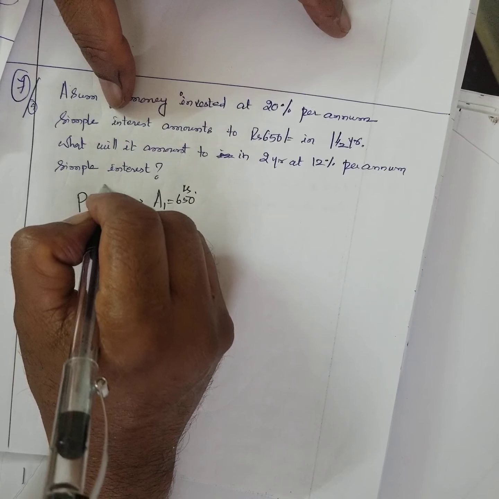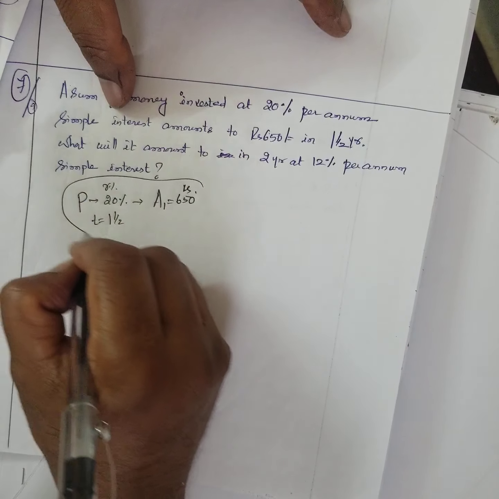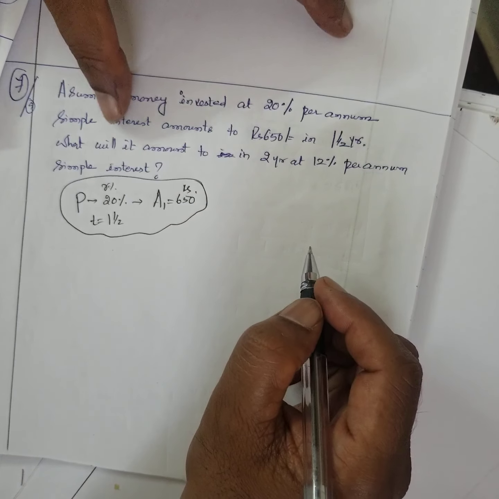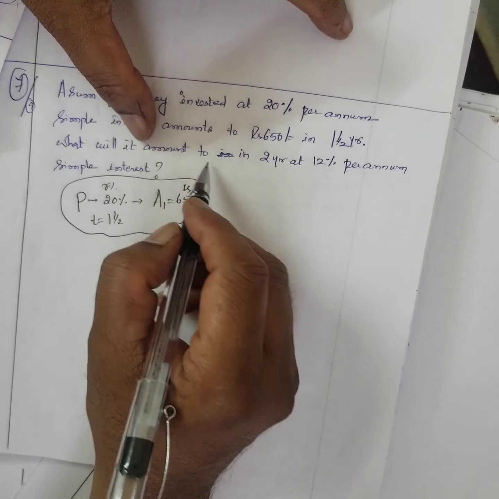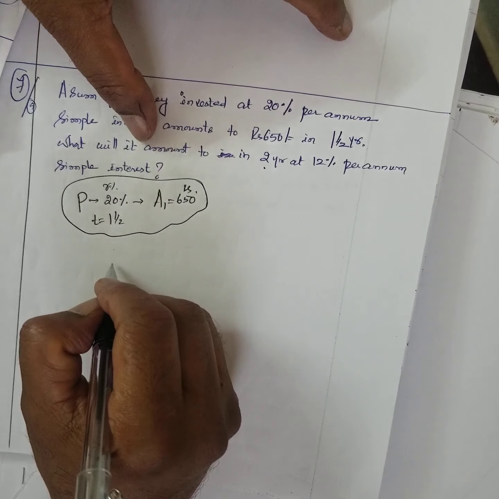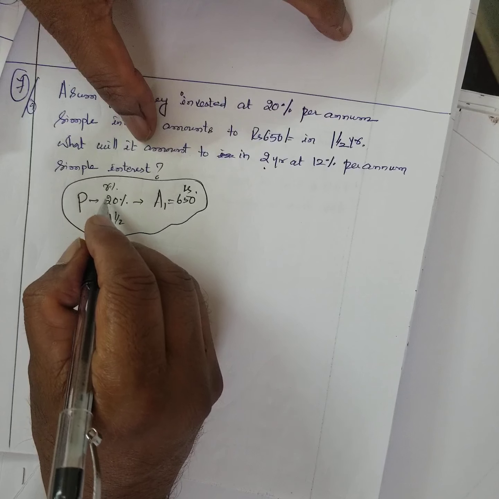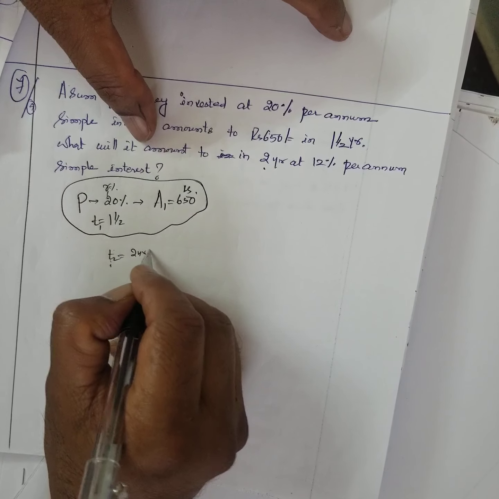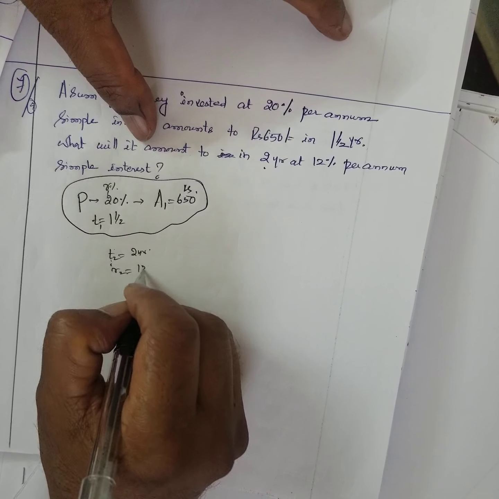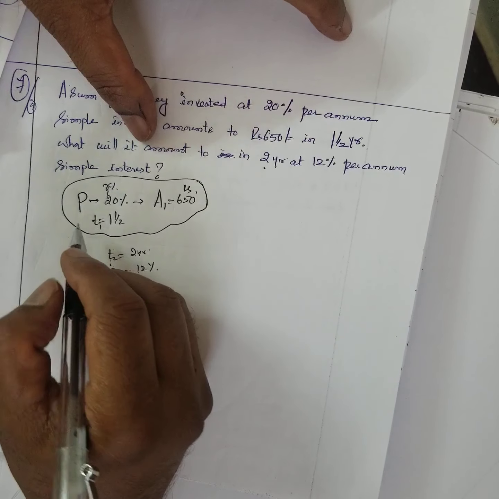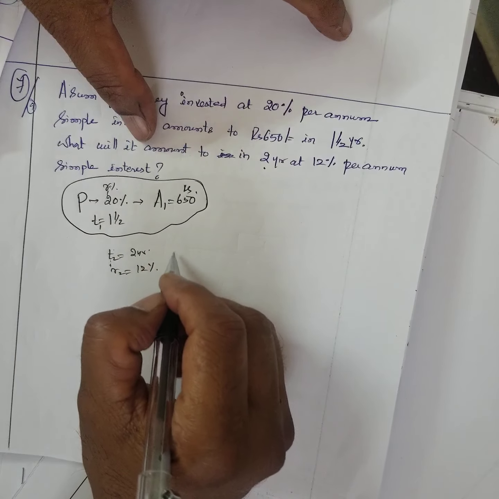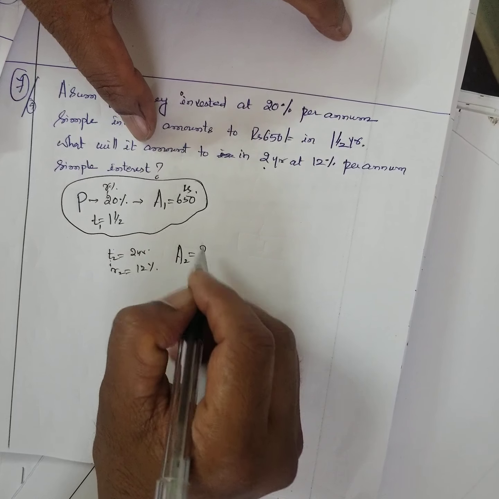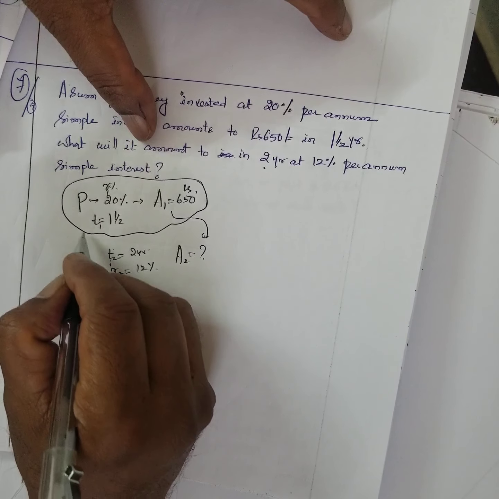Time is 1.5 years. Rate is this. What will be the amount in 2 years? That means this is T1, this is R1. In 2 years, and rate is what? 12%. What will be the amount now? What is this amount? Principal is same.